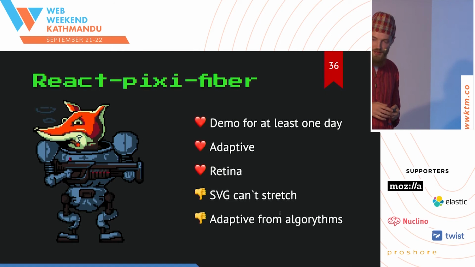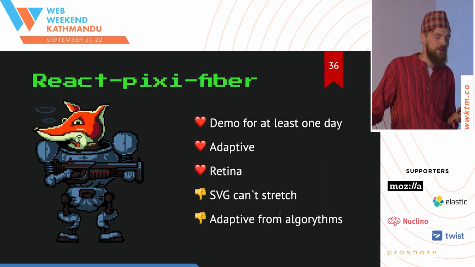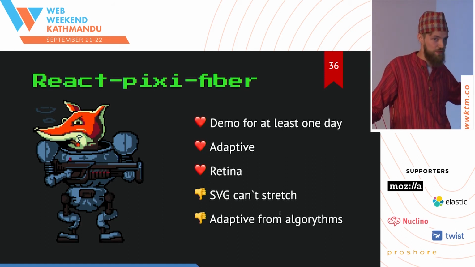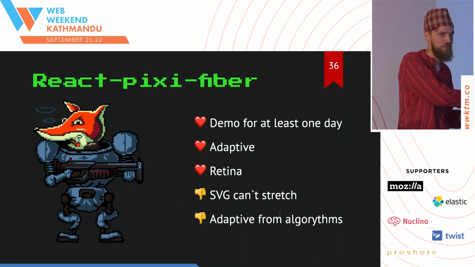So I give a very fast demo. At least one day I spent on this demo, not on the game itself, just on a demo with boxes and so on, to show designers how it should be.